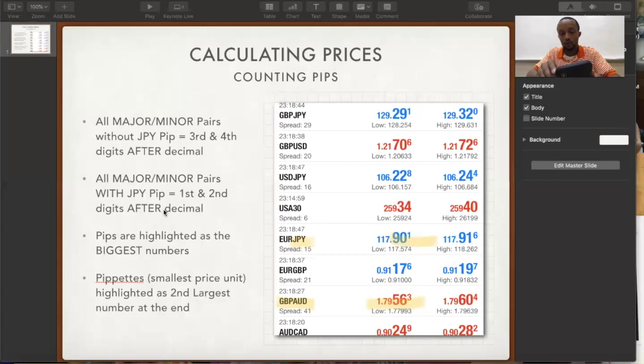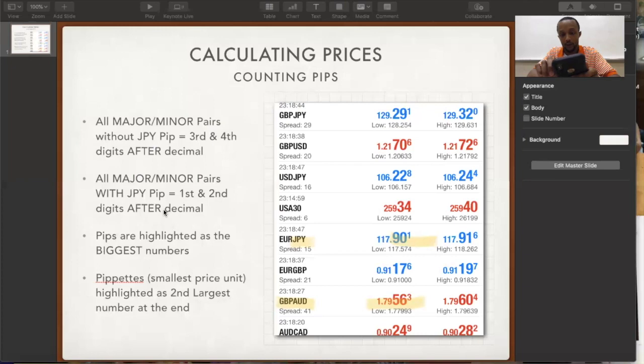129.22, 2 pips. Hopefully you get the point. If I were to add 78 pips to 129.22, it would take me all the way up to 129.99. Come on. And the only reason I'm holding the button like this, taking this time, is for illustration purposes.